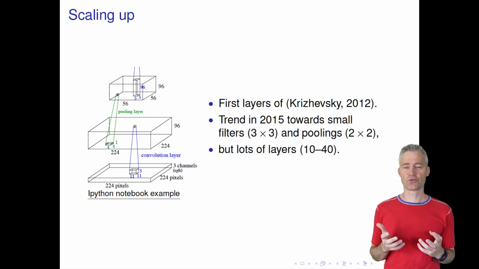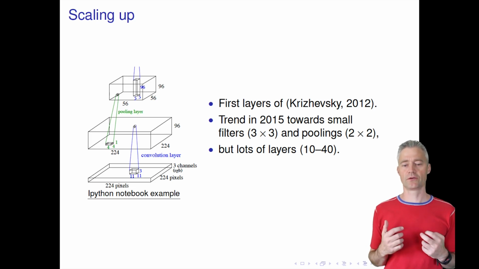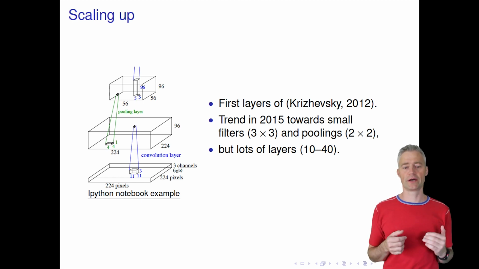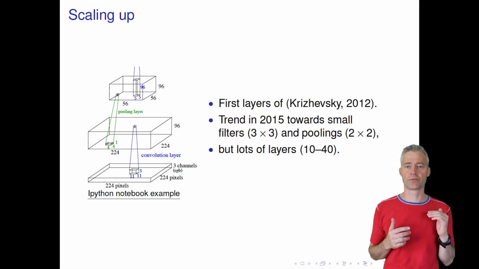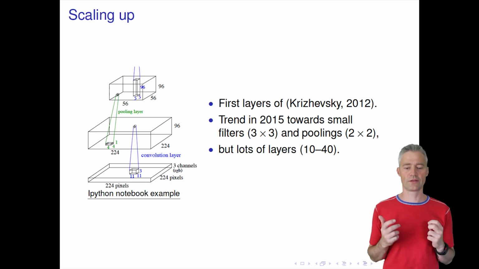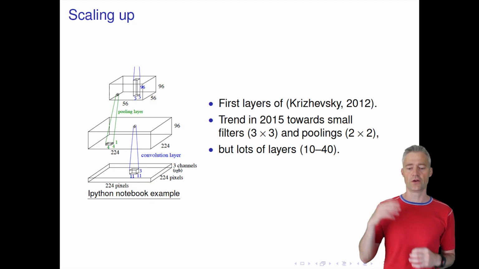So what is the trend now? I talked about that last week, that since the breakthrough by AlexNet, the performance has gone from 15% error in top 5 down to below 5%. So what has happened? One trend is definitely that people use smaller poolers and lots of layers.